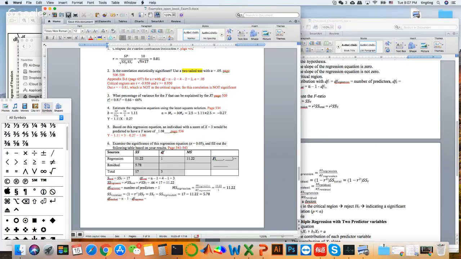So N we know is 4, minus 1, and then minus 1, which is 2.